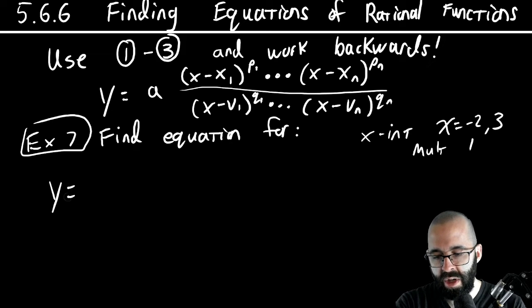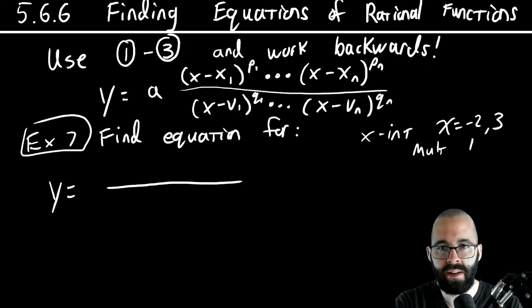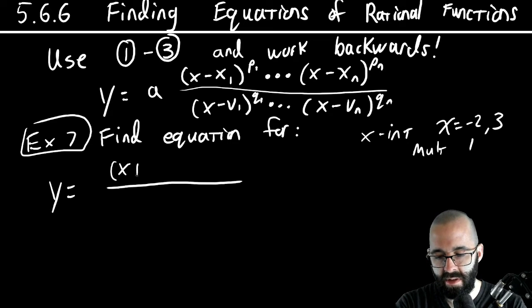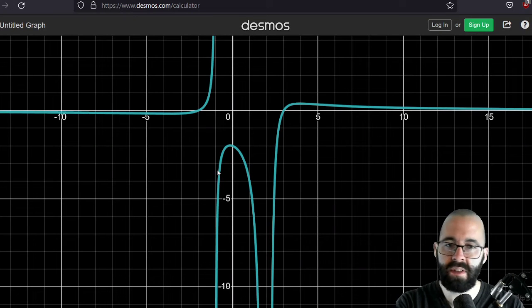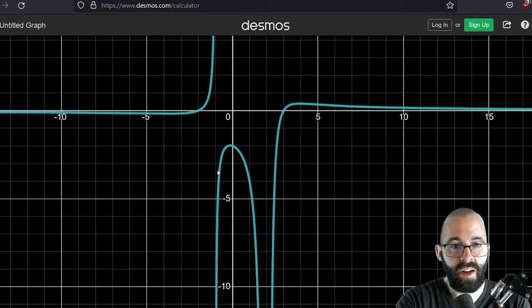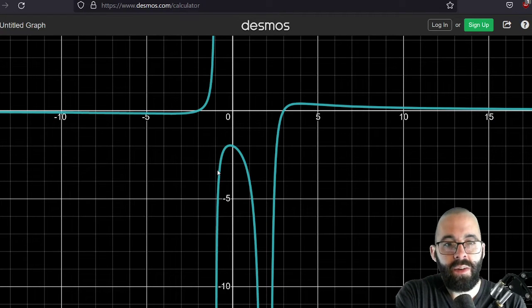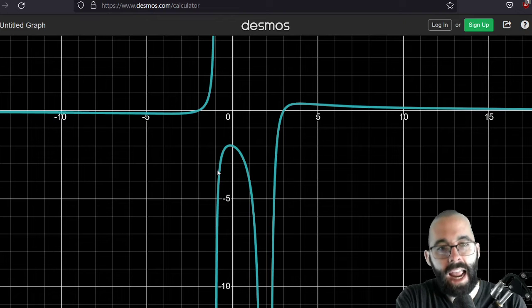So we don't know A yet, but we know that our zeros, we're going to have a factor of x plus 2 up here and a factor of x minus 3 up here. All right. And there are no removable discontinuities. That would be given. It would be obvious. But if there were a removable discontinuity, then we'd add that factor to the top and the bottom.